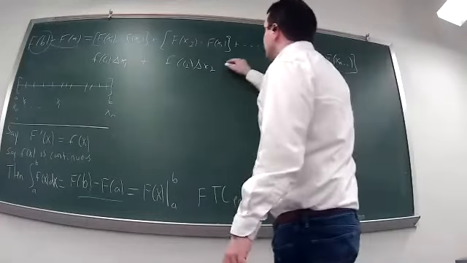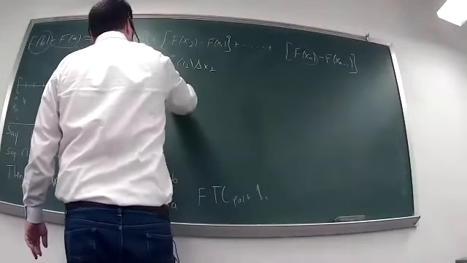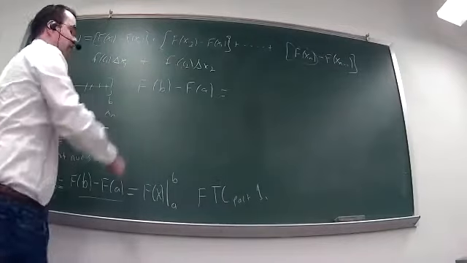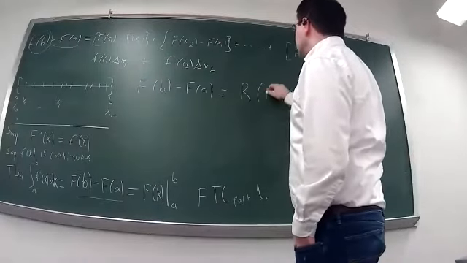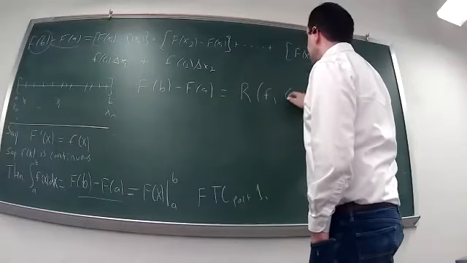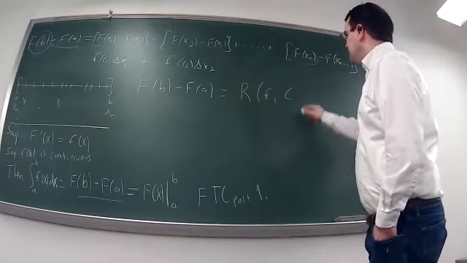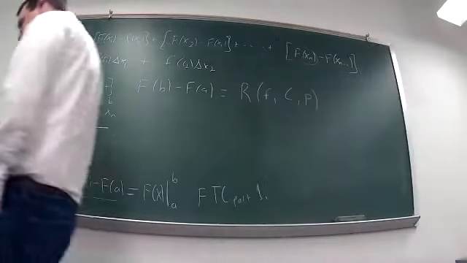And then you recognize that this now is a Riemann sum, a Riemann sum for the function little f with the sample points given by C1 up to Cn and with the given partition.